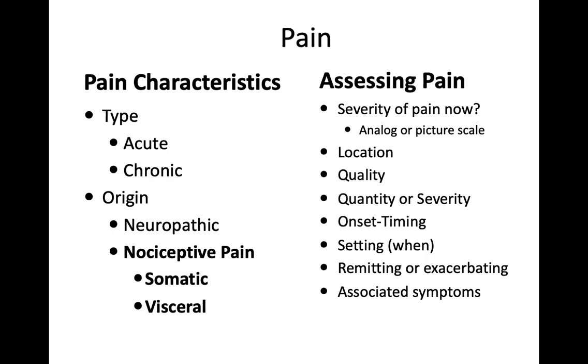And then any associated symptoms. So usually I'll say, do you get nausea and vomiting? Particularly if I'm thinking that it's some visceral thing, I want to know if they've got abdominal symptoms. So diarrhea, nausea, vomiting would help me think about something in their bowel or gut, stomach. Okay, are we good?